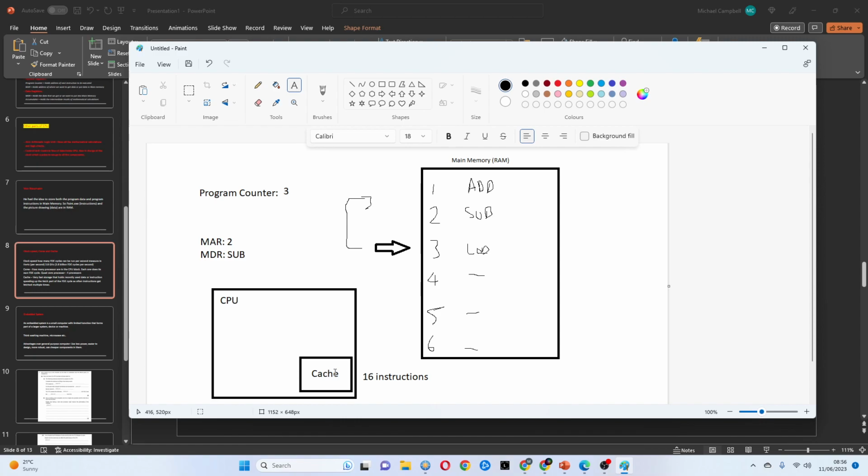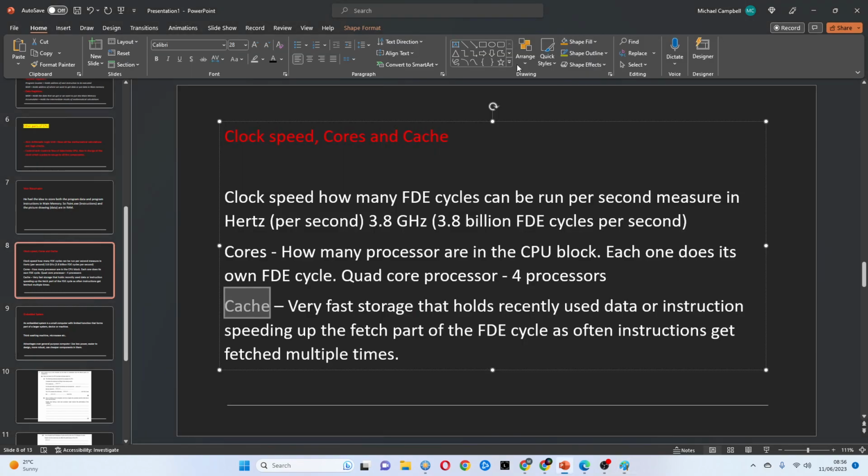I remember watching a design on Linux Tech Tips where they had RAM, and the designers realized they had to move RAM like 1 centimeter closer to the CPU on the motherboard, because when it was that far away, it was getting out of sync. So it literally is that distance between the CPU and the RAM matters, and the fact that cache is inside the CPU, as well as the fact that it's made faster with more components, does make a difference. So, in short, cache stores recently used data and instructions, speeding up the fetch decode execute cycle as often instructions get fetched multiple times, right?